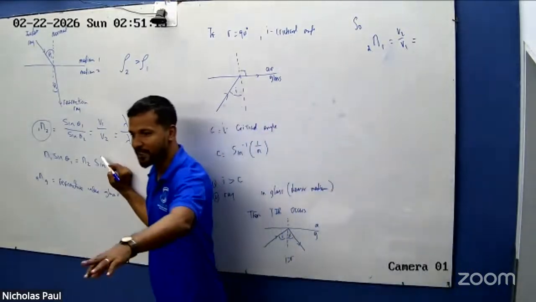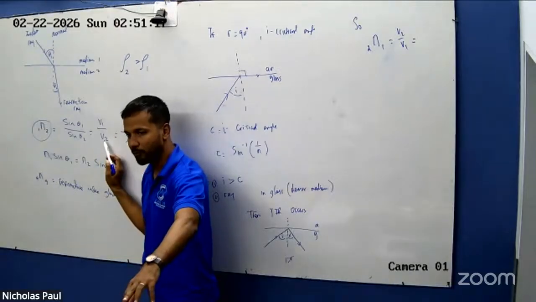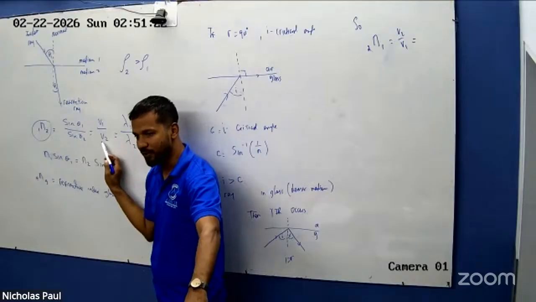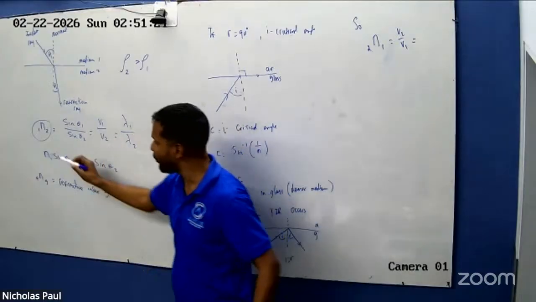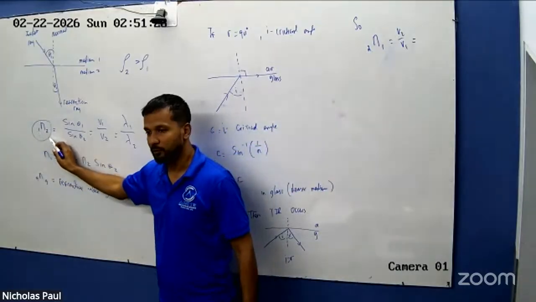You all just told me that 2 1 is V2 and V1, and 1 2 is V1 and V2. So my question is, how do I write 2 1 with respect to 1 2?